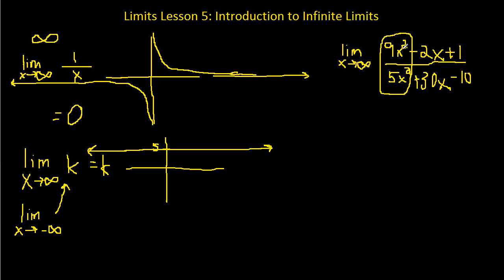So imagine if you were going to billion, trillion, up to infinity. And obviously this plus 1 and minus 10 term are insignificant. So all we have to do is think about what is significant in each of these. Once we do this, we can just pretend it looks like that. 9x squared over 5x squared cancels to 9 over 5. And that would be our answer.